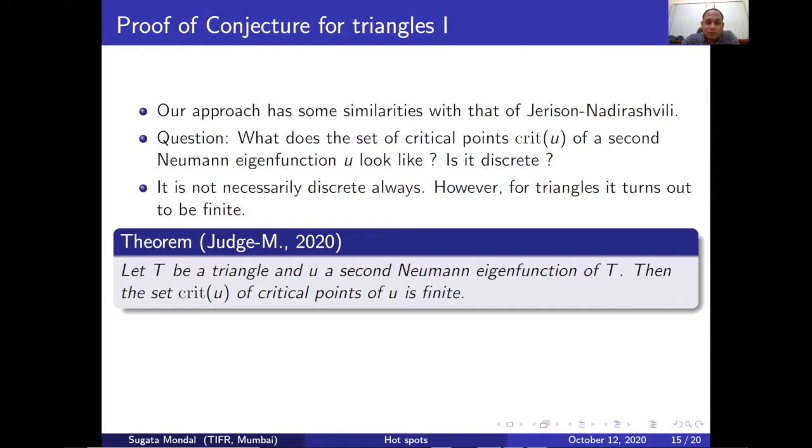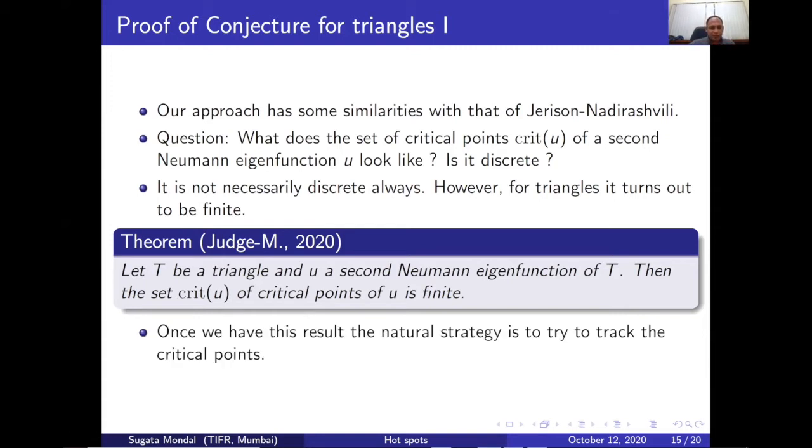So it is not true in general that the critical set is discrete. However, it turns out that it is discrete for triangles. If you take a triangle and a second Neumann function U of the triangle, then the critical points of U are finite.